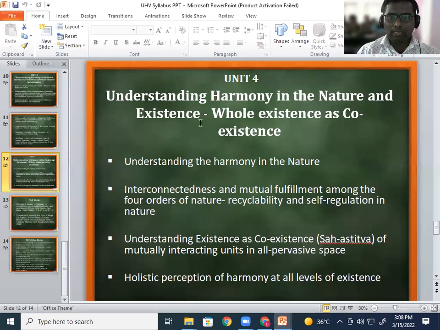You cannot directly start to read unit 4 without knowing unit 1. That is my point. Once you know unit 1, the course introduction, then you know what self means, what body means, what family means, what society means, and at the last you have to understand what is meant by nature and existence.